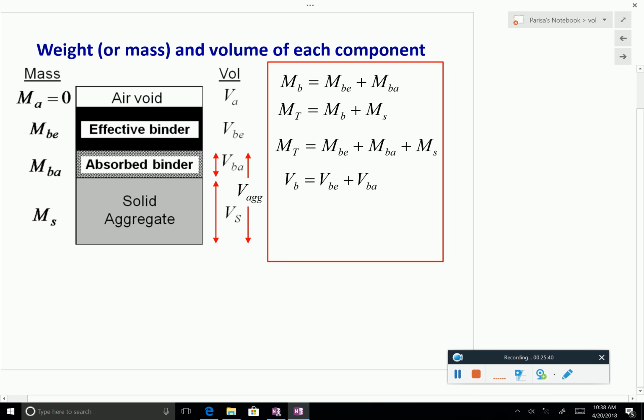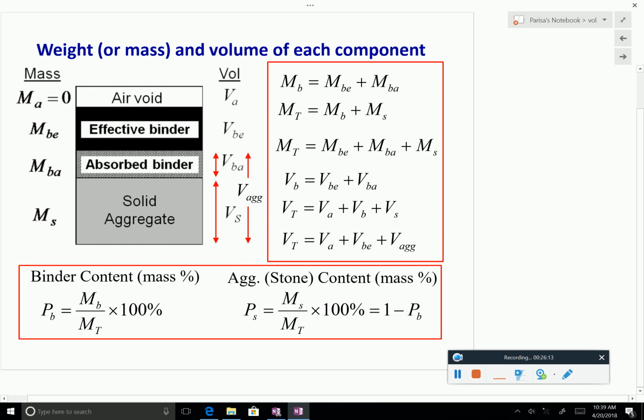These are obvious. Volume of binder is the volume of the two types of binders. Total volume is everything summed up. And you can write it in different ways. Right here, you take into account that volume of aggregates includes absorbed binder. Okay, obvious.